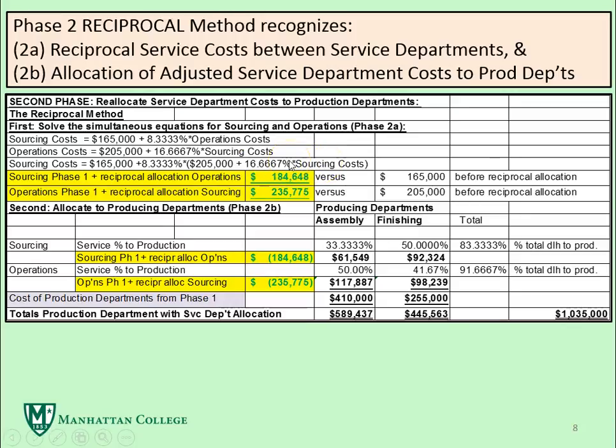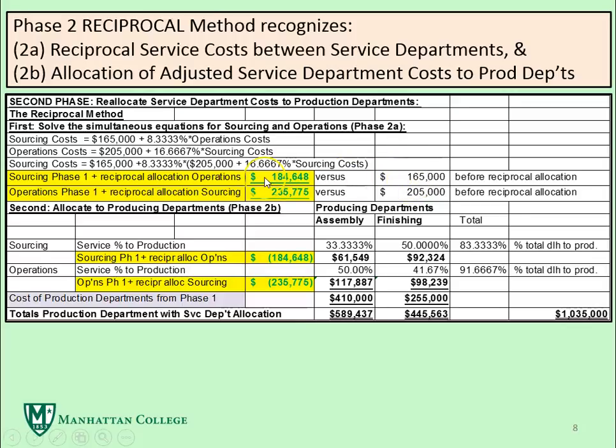If you multiply this out, get the sourcing cost on the left side of the equation, the dollars on the right, and divide to get the sourcing cost, you will get that the phase 1 cost allocation plus the reciprocal allocation from the operations department should be $184,648. Compare that to before, just in phase 1, where it had a cost traced of $165,000.